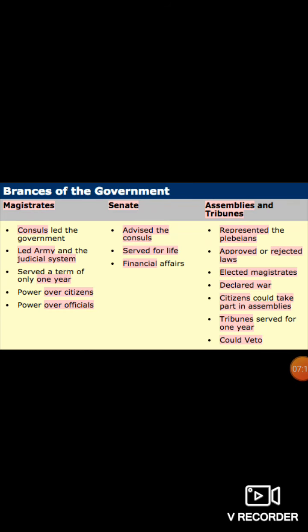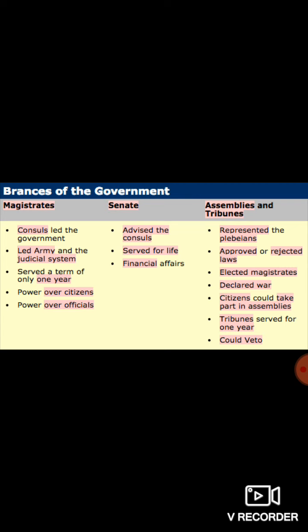There were different branches of the government, which comprised magistrates, senate, assemblies, and tribunes. Now about their functions. The magistrates or the consuls led the government. They also led the army and the judicial system. They served a term of only 1 year. Power over citizens, power over officials.